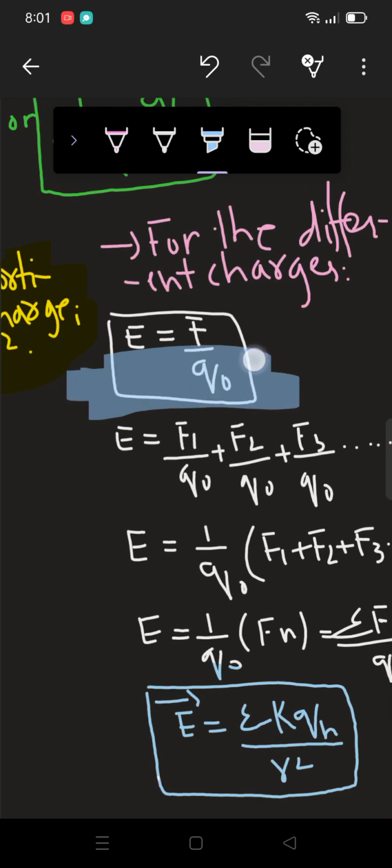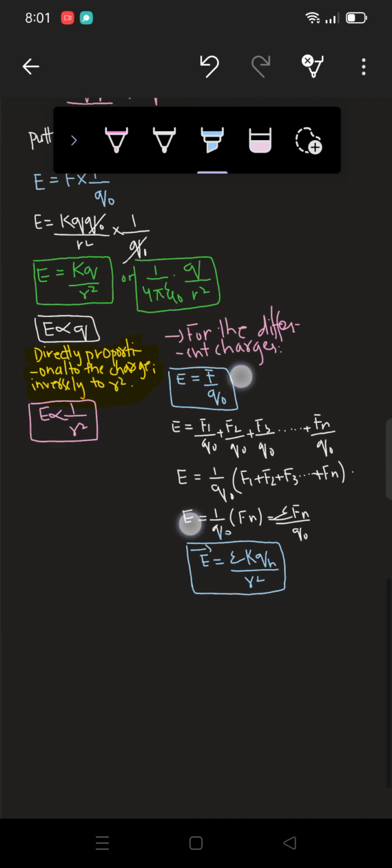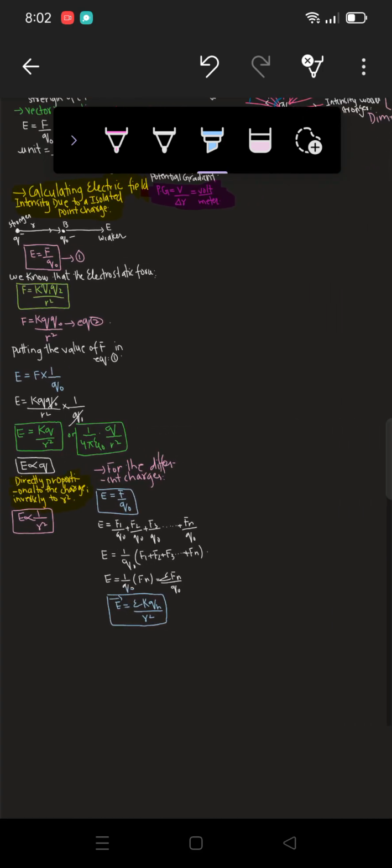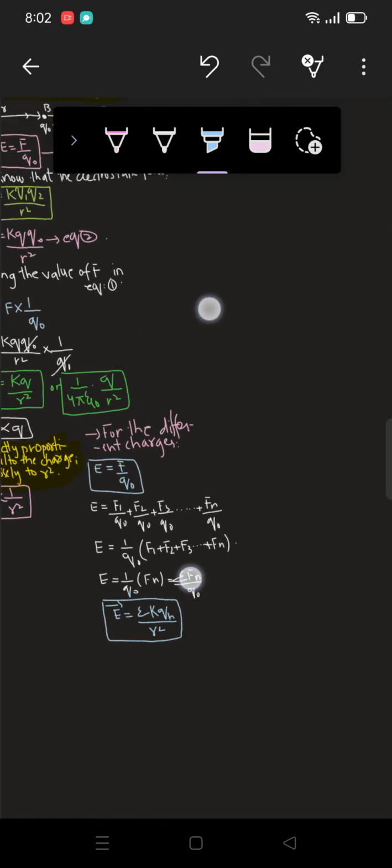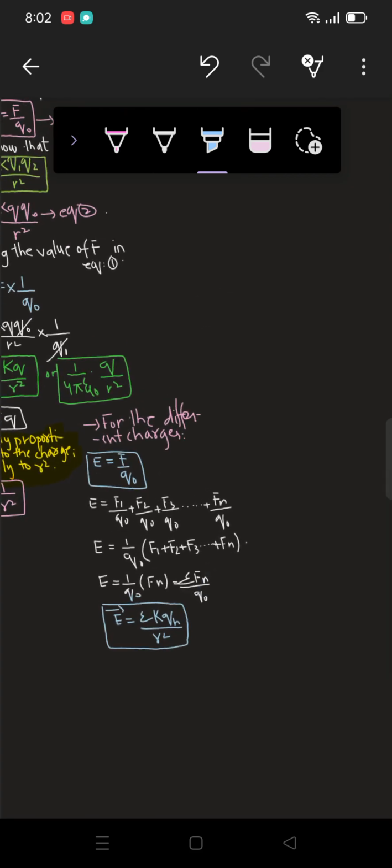So we have calculated the electric field intensity due to an isolated point charge, where we got E equal to KQ over r square, meaning electric field intensity is directly proportional to the charge and inversely proportional to the square of the distance. We have also calculated it for different charges: E is equal to F upon Q naught, where the forces are different, so F1 upon Q naught plus F2 upon Q naught up to Fn upon Q naught.